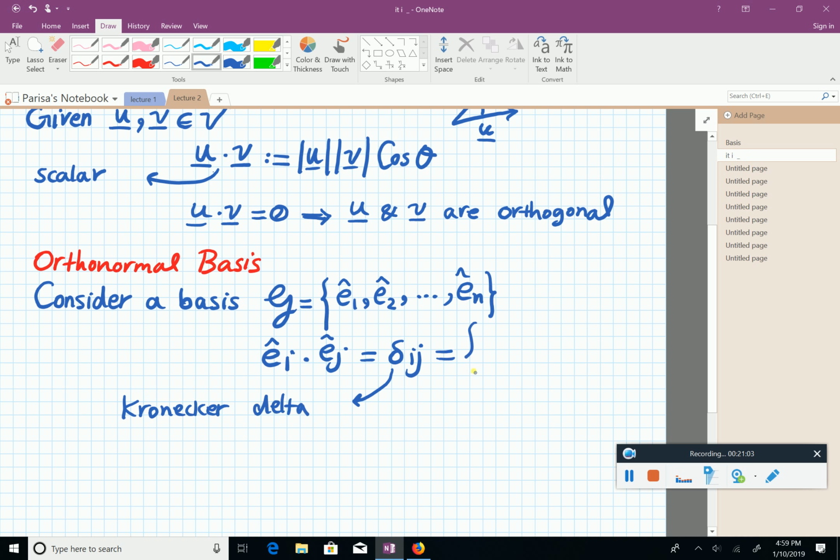Now, this will be the definition of orthonormal bases. So pay attention that each one of these vectors, the magnitude is 1. And they are mutually perpendicular, orthogonal. You guys know that.